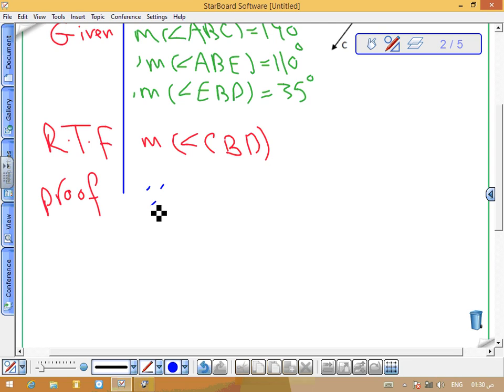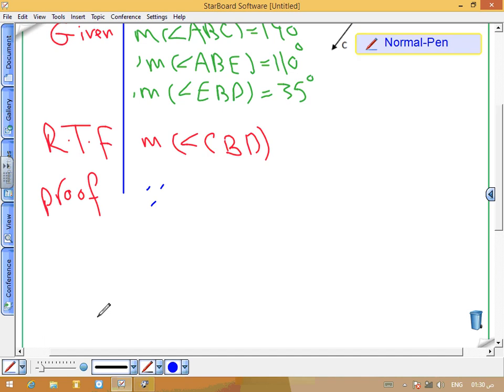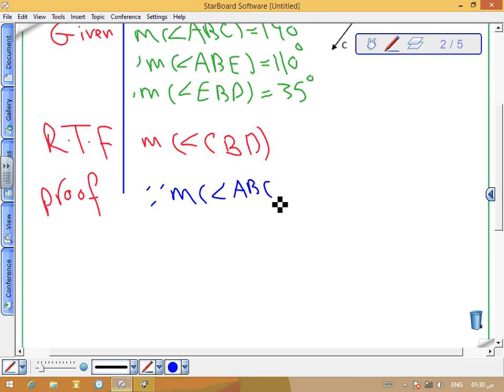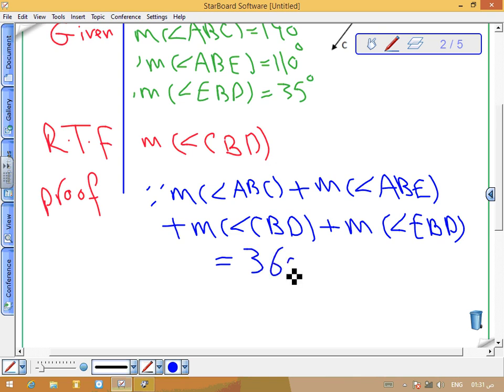Since measure of angle ABC plus measure of angle ABE plus measure of angle CBD plus measure of angle EBD equals what? 360 degrees.